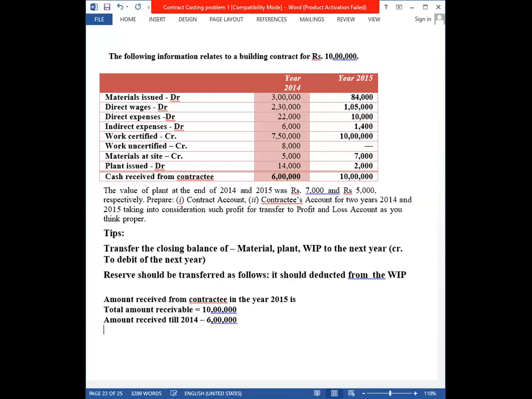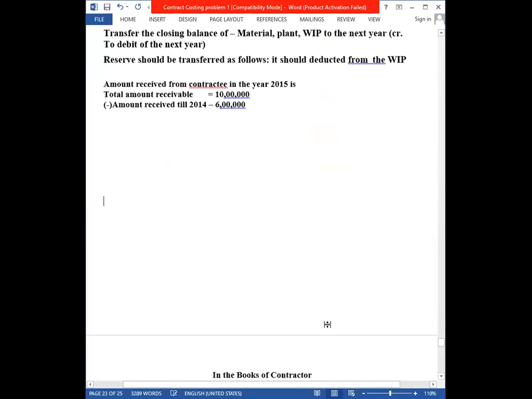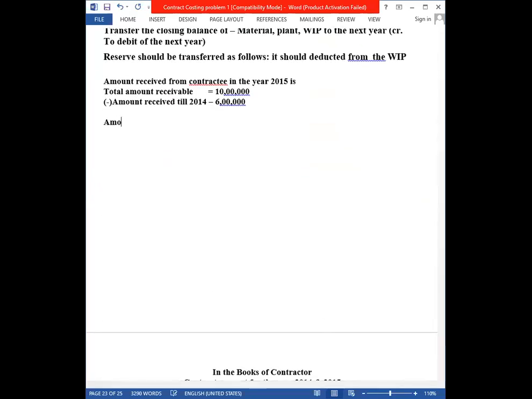So what is remaining is the amount received during the year 2015. Amount received during 2015 equals how much? 4 lakhs. Okay, you understood how I got this 4 lakhs?